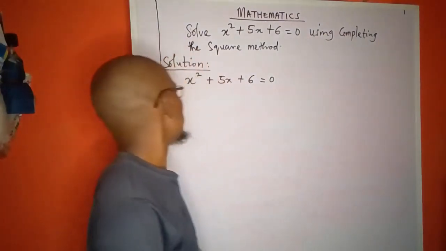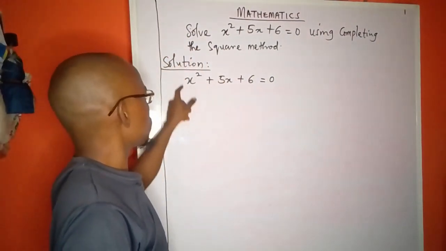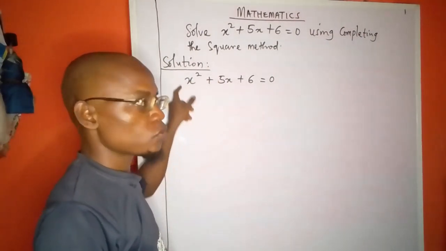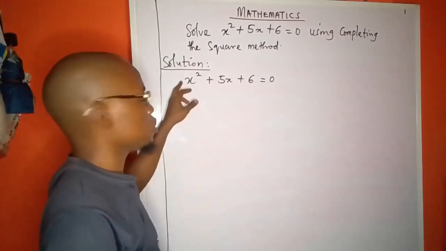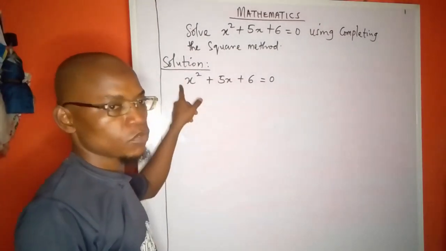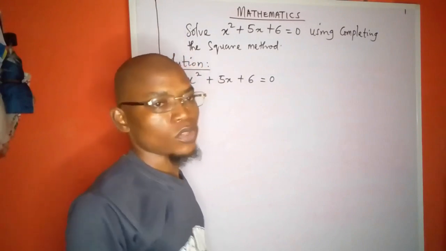The first thing you have to look at is the coefficient of x squared, whether it is 1. If the coefficient of x squared is 1, you can continue with your method.